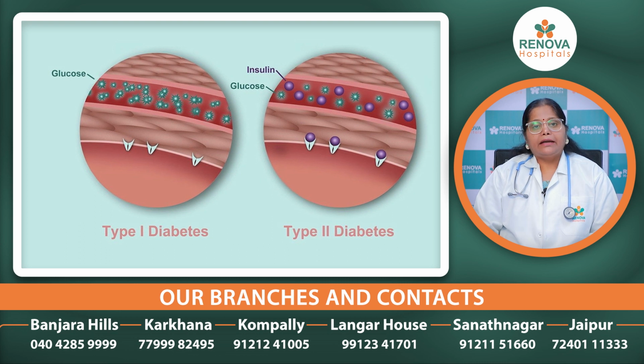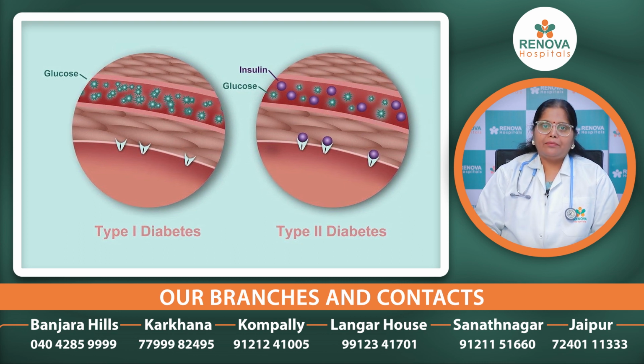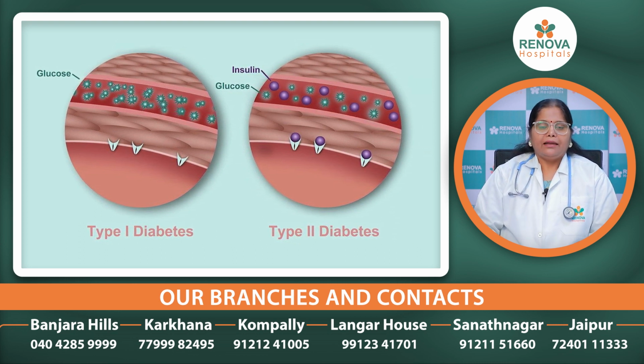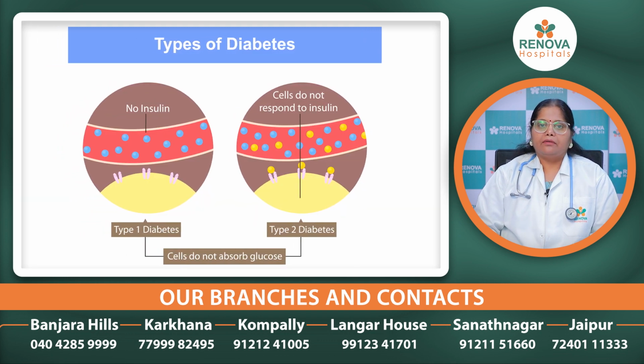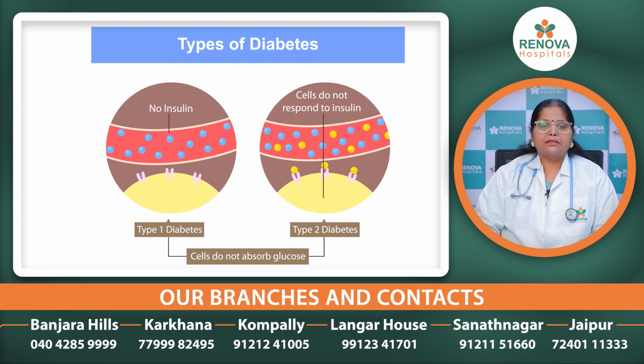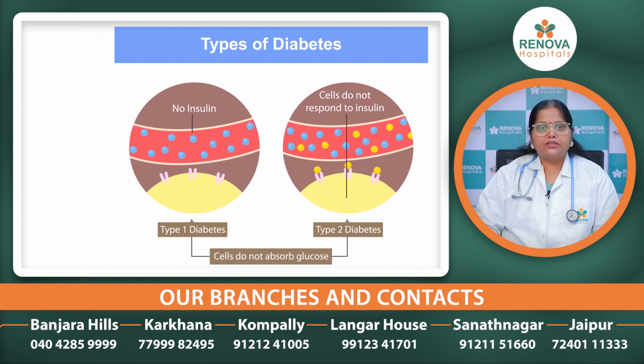Diabetes is broadly classified into type 1 diabetes and type 2 diabetes. Let's see what this is. Type 1 diabetes starts in children, and it is because of the absence or very small quantity of the insulin hormone due to a genetic defect.